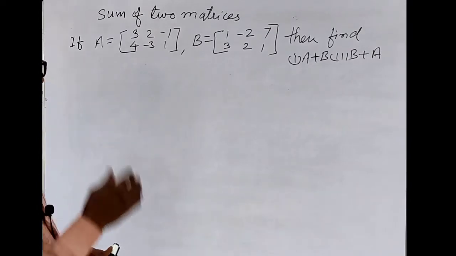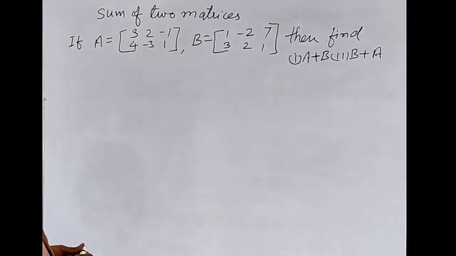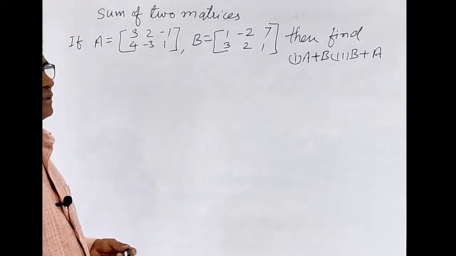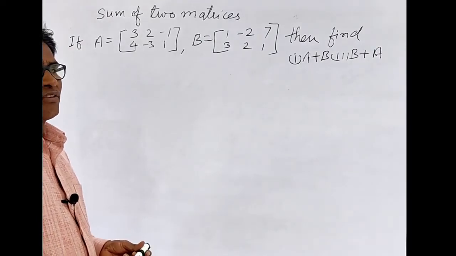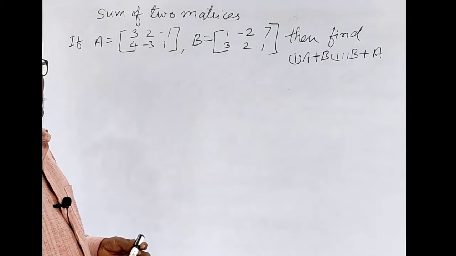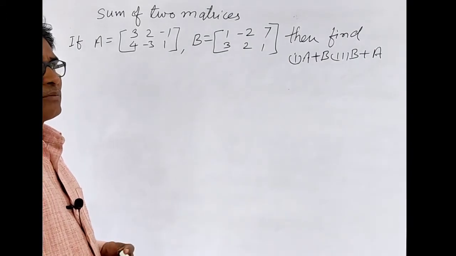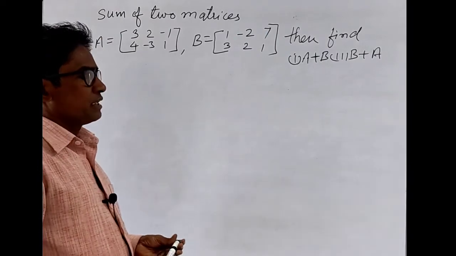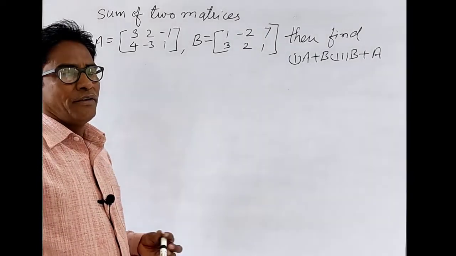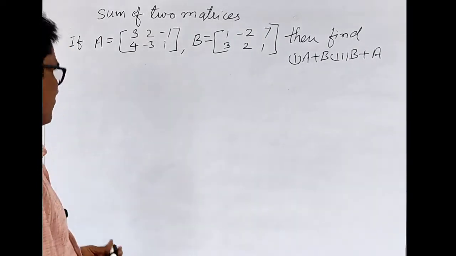That means addition of two matrices can be done when the rows and columns of the first matrix and the rows and columns of the second matrix are equal. That means the order of both matrices is equal, then only we can add or subtract them.